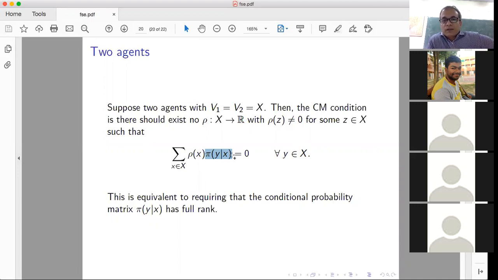If you have more than two agents, and the type spaces are not of the same cardinality, then it's a generalization of this full rank condition. More broadly, it's a condition which ensures that a certain system of equations has a solution, and we know from our linear algebra how to verify that.